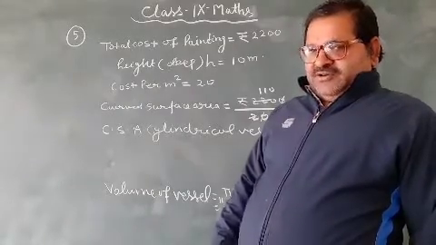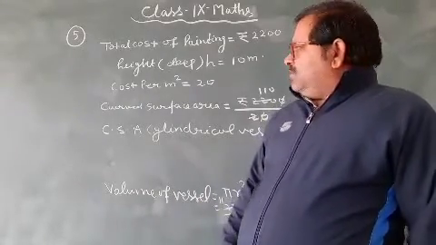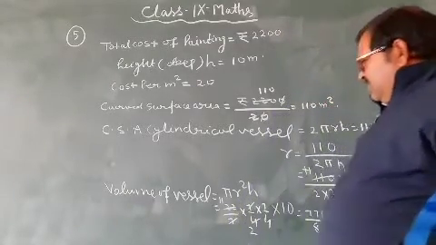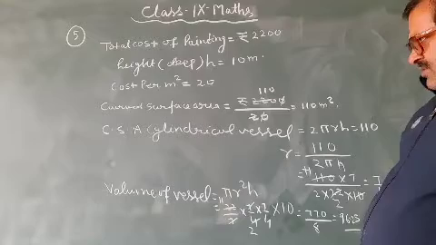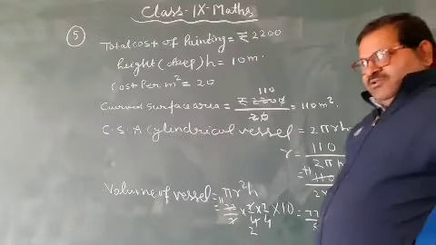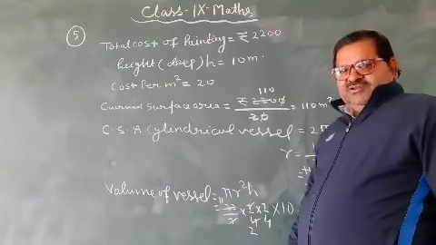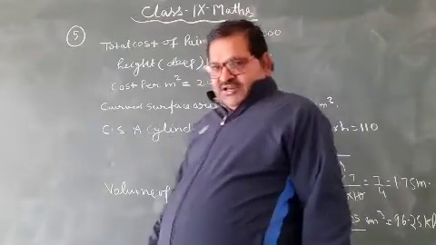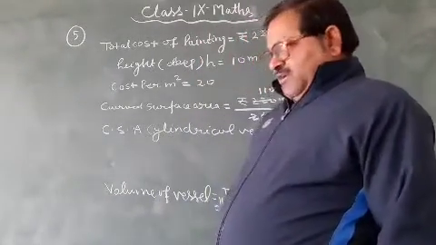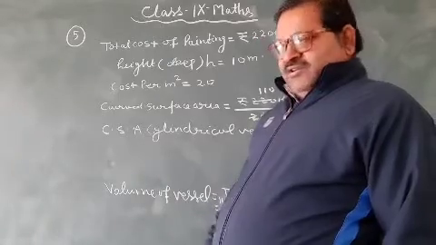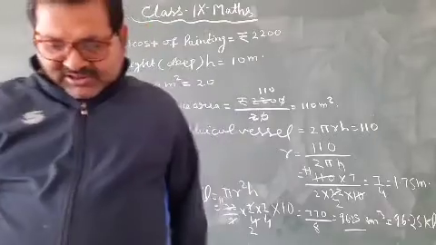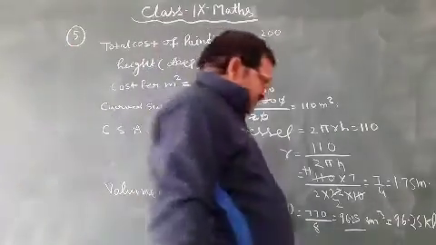Now we find the curved surface area for painting is 110 meter square. After the CSA, we calculate the radius, and then we calculate the volume of the cylindrical vessel. Clear? Next question.